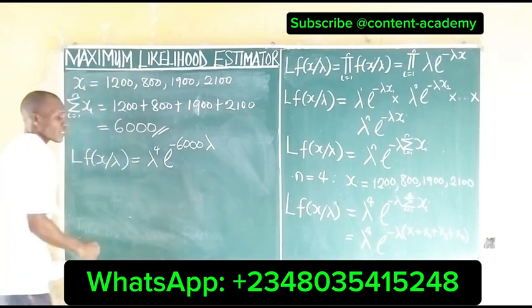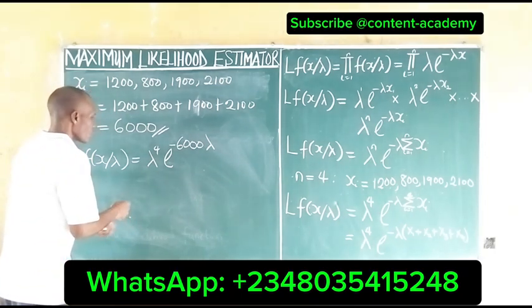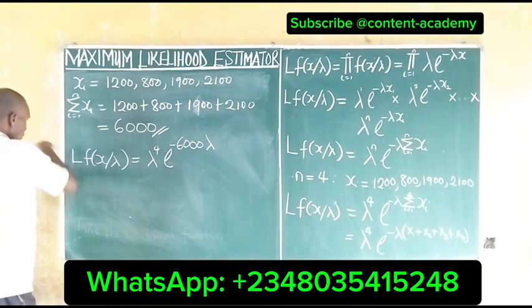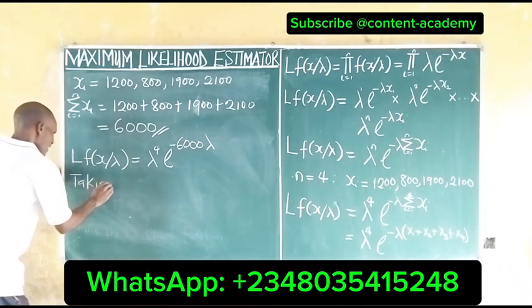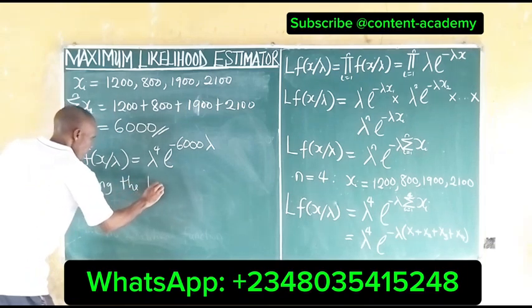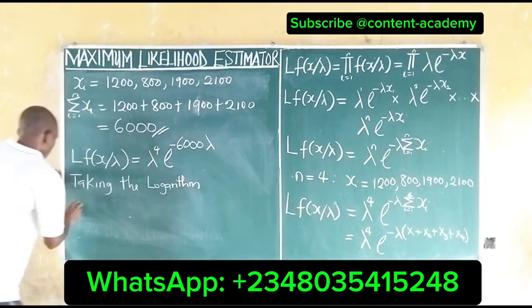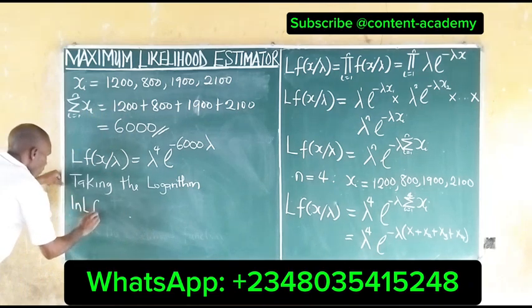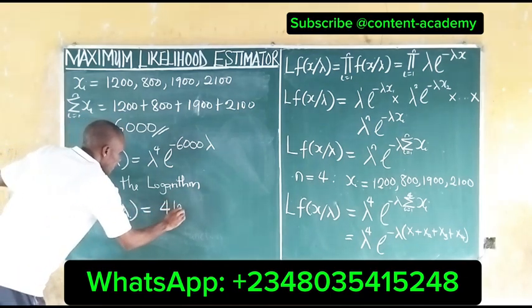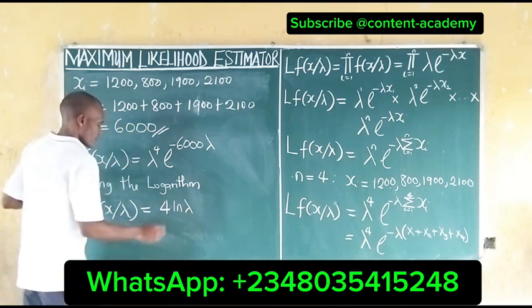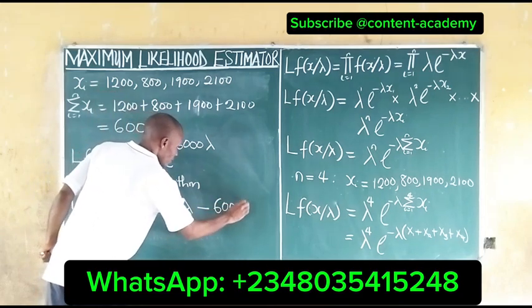So the next thing to do for maximum likelihood estimator is to take the log. Taking the logarithm, we get ln L equals 4 ln lambda minus, because of this sign, 6,000 lambda.